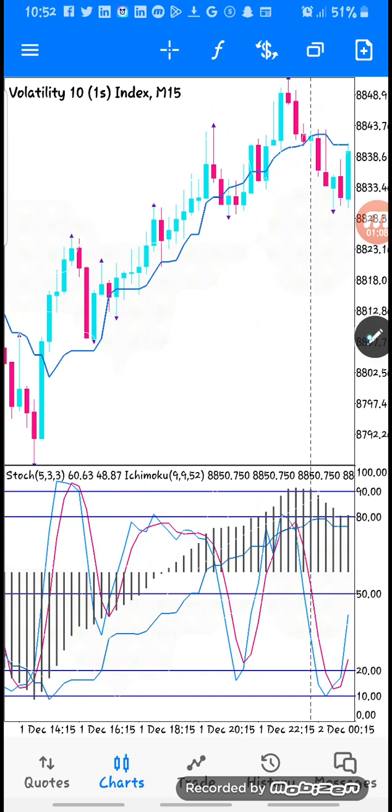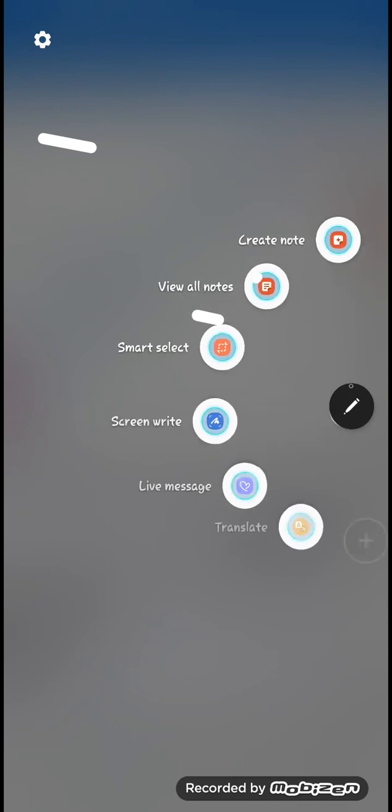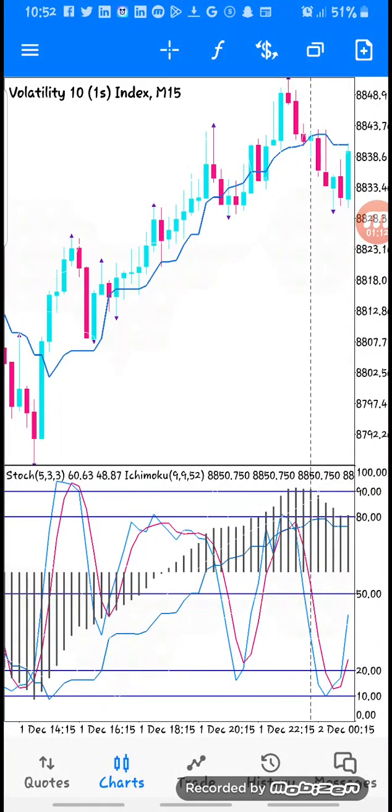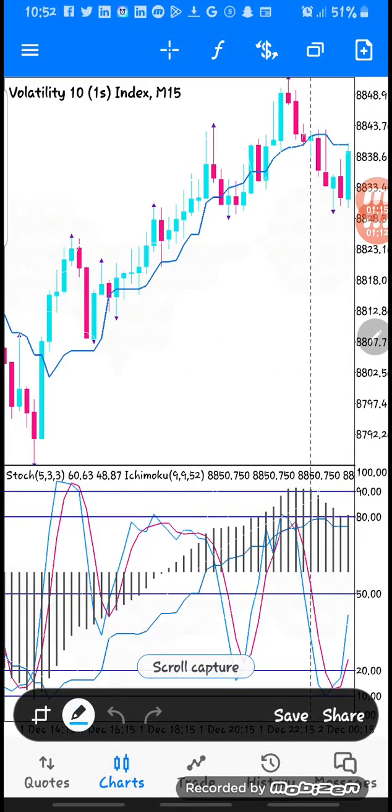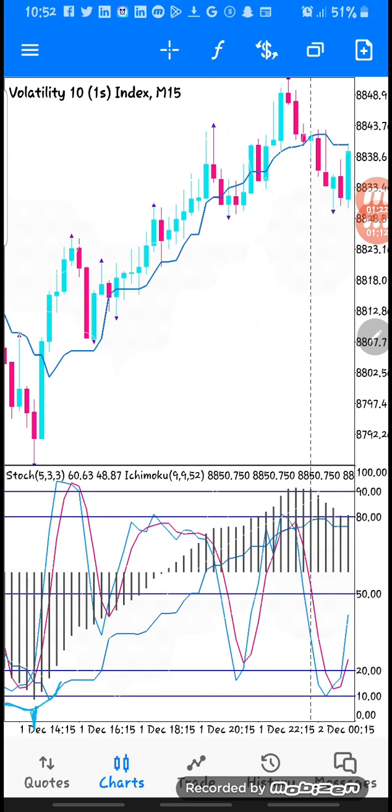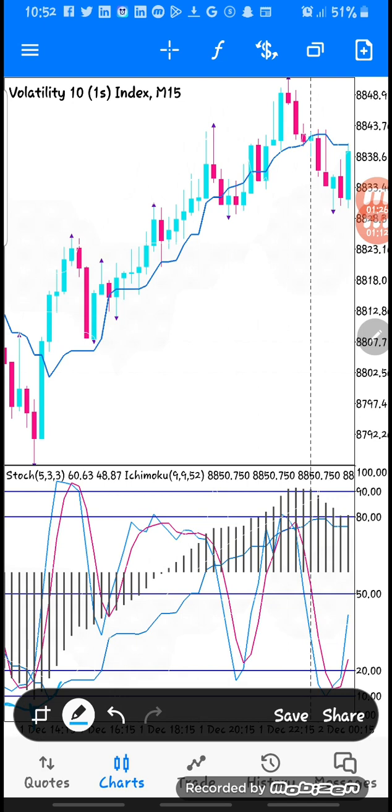When you see this right on screen, give me a moment. This here. When you see something like this, these black things here are the MACD, the black sticks, which are the MACDs.